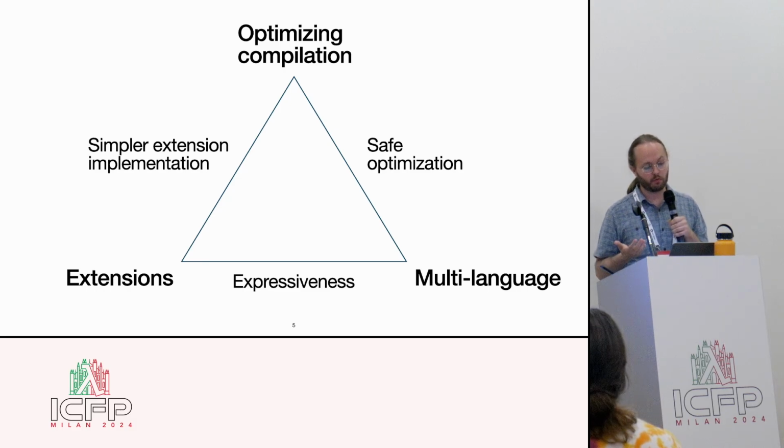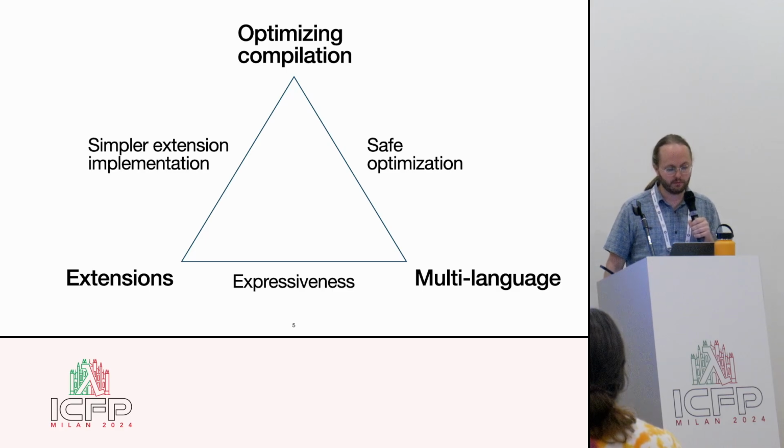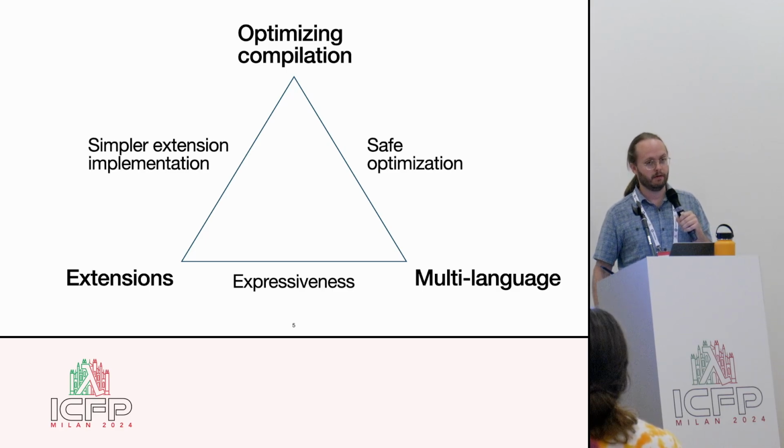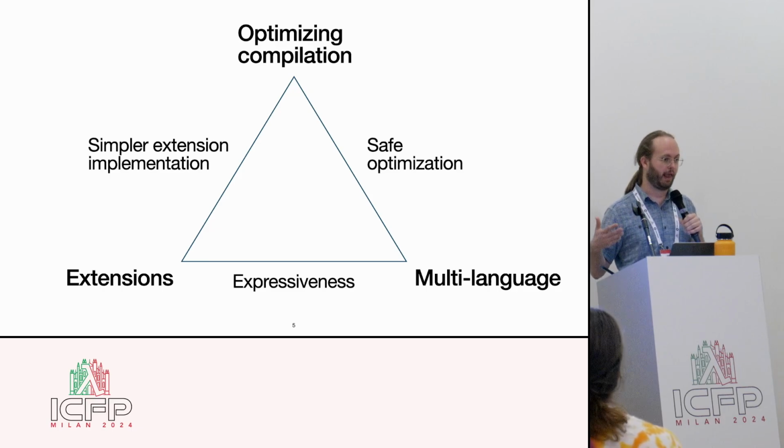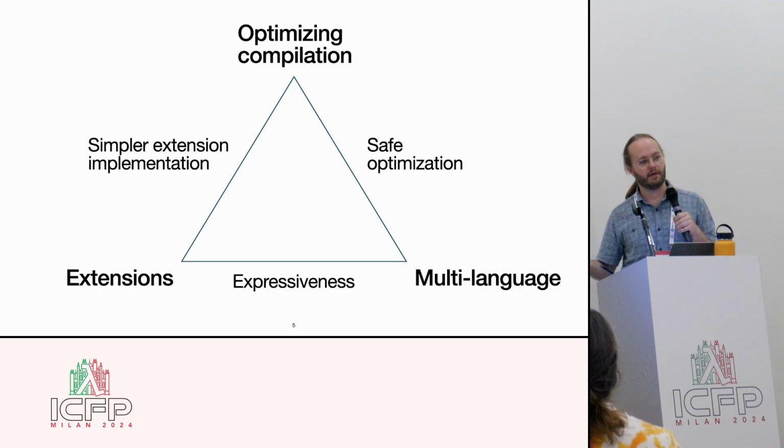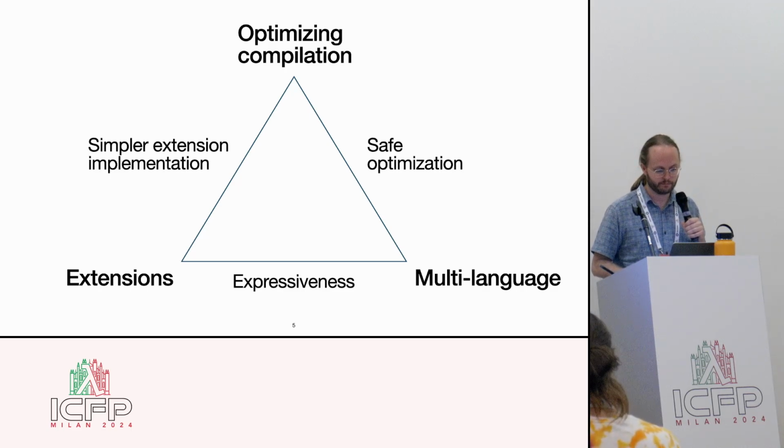We're going to be able to write extensions that take advantage of host language code, things that we couldn't do in miniKanren alone. And we are going to be able to have an optimizing compiler that's sound in the sense that you can't observe the optimizations that it makes, even though there's some interaction with host language code.